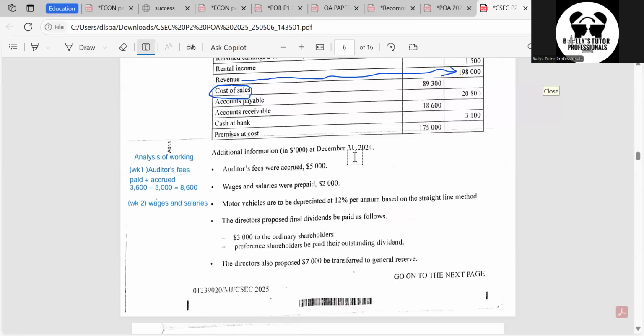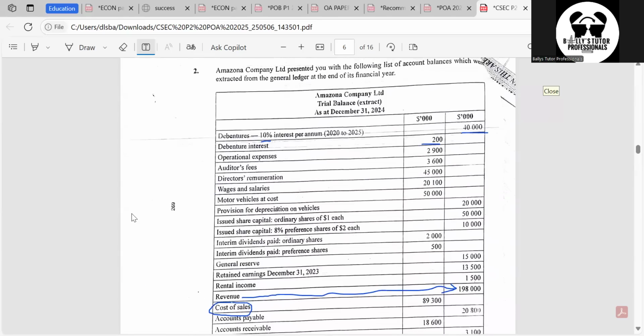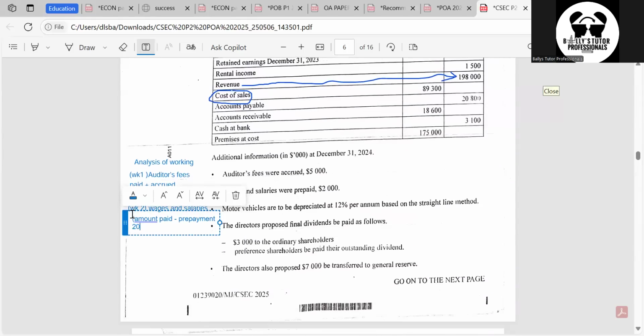We are only recording what is meant for this period. So our wages and salaries would be the amount paid minus the prepayment. So 20,100 minus that 2,000 would give us 18,100. So that's how much we recorded in the income statement.